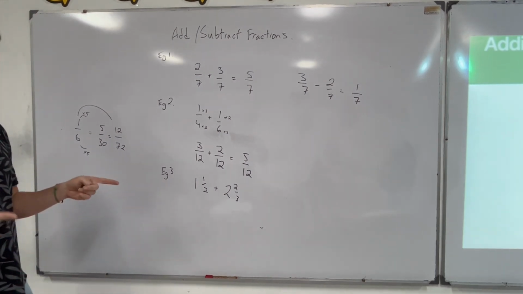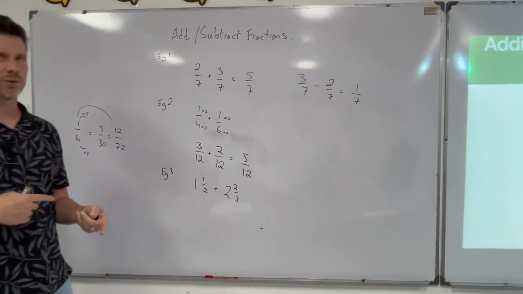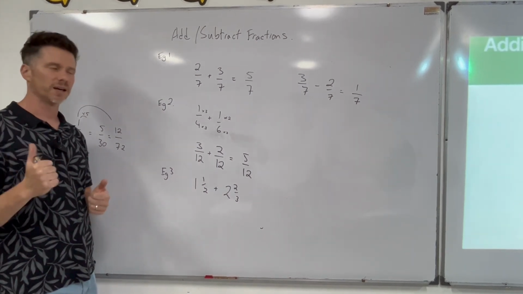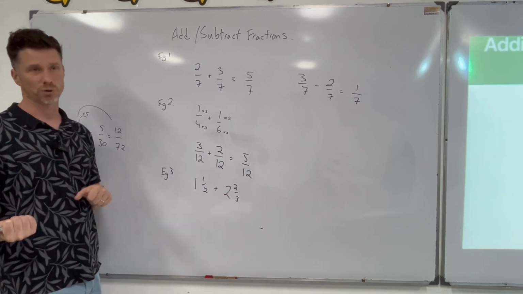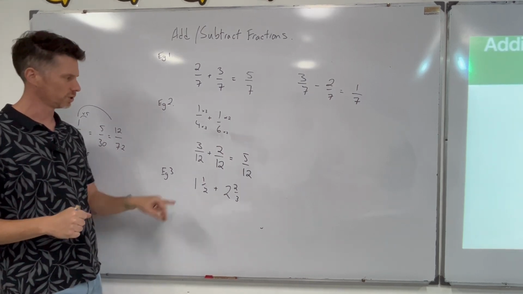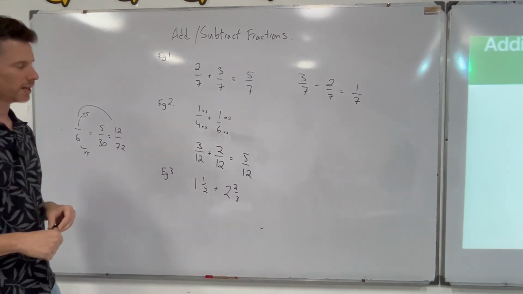No, they are mixed. Improper. I'll change them to improper. For this example, I'm going to change them to improper because if I use improper, it works for both addition and subtraction. Mixed numbers don't work great with subtraction. They're perfectly fine with addition because 1 plus 2 will give 3, and then I can add the fractional bits and I'll get the answer.